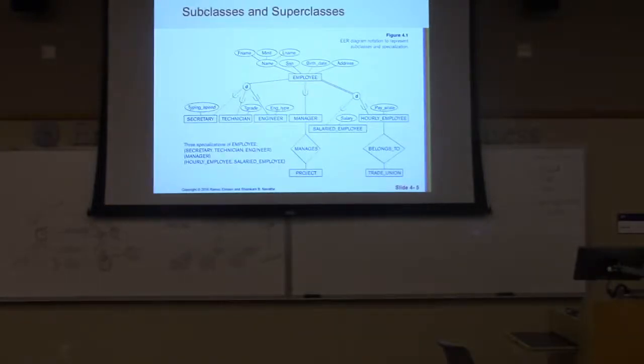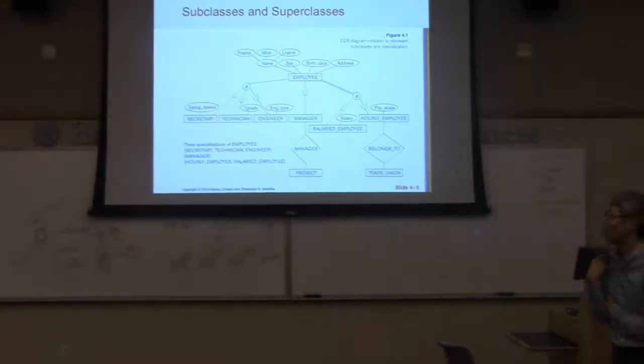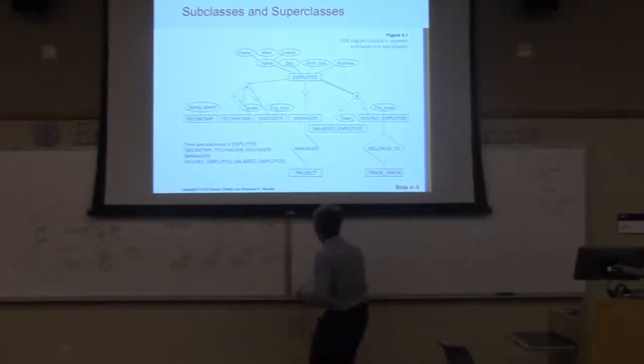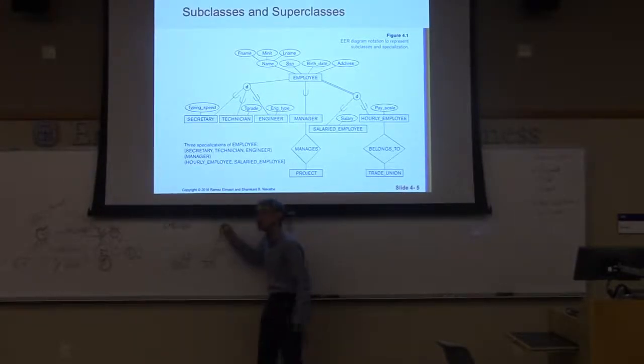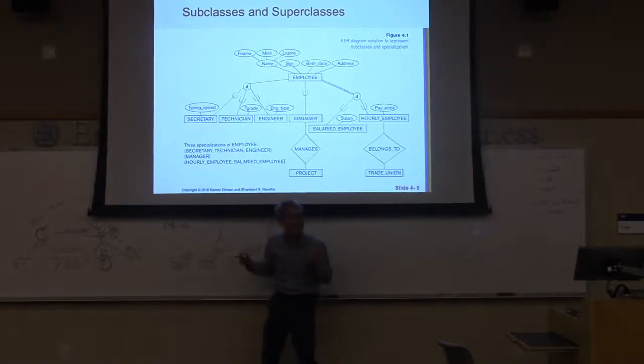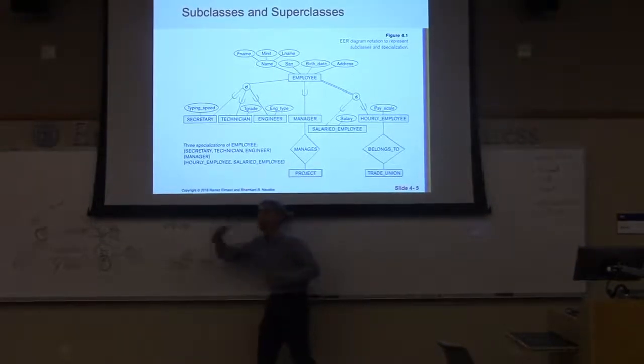First, what about this one? Double line, sometimes a single line. Do you remember the single line and double line before? Mandatory or optional. The meaning is, if we have the double line for this, all employees should be one of this at least. Okay? So that's the full participation, mandatory participation.